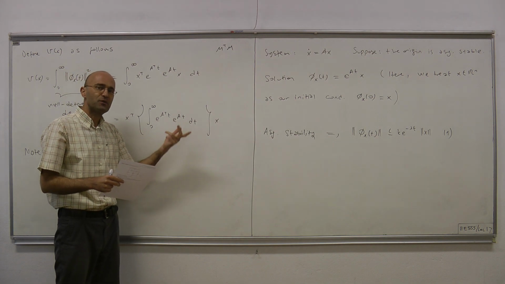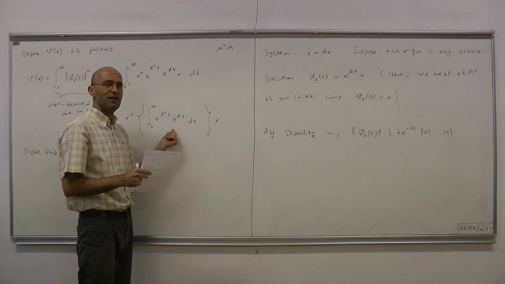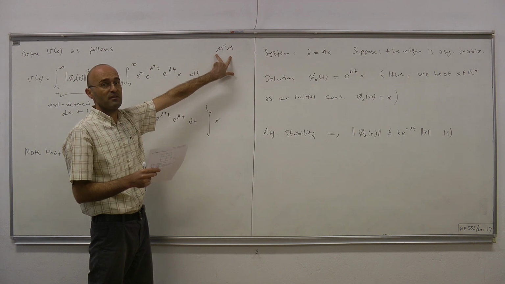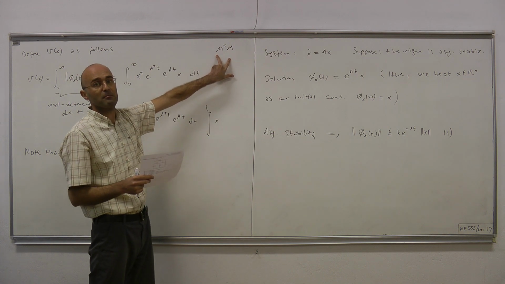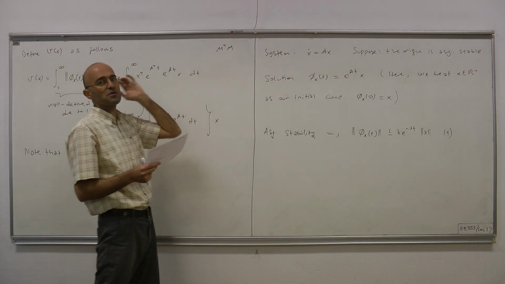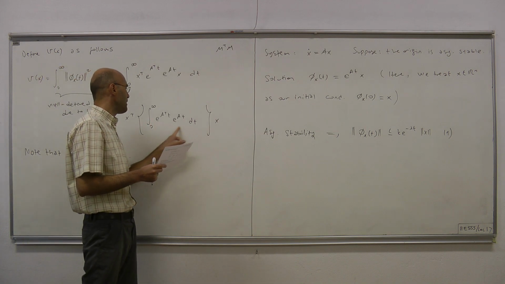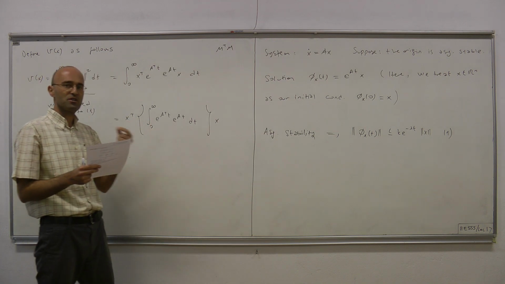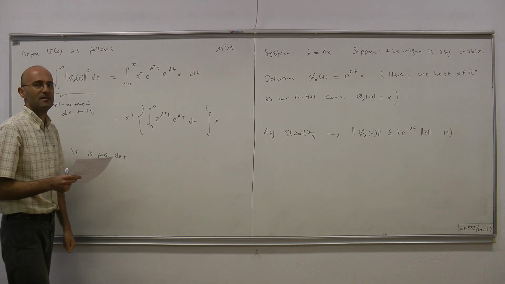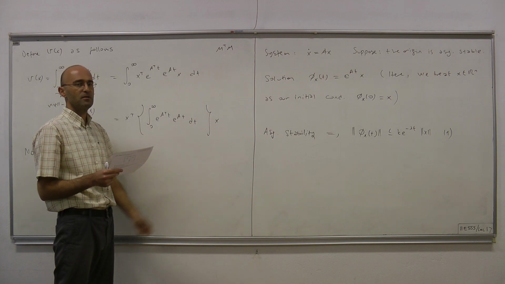And e to the at, the state transition matrix, if you remember from 542, is always a non-singular matrix. Therefore, this is always a non-singular positive semi-definite matrix, and a non-singular positive semi-definite matrix is a positive definite matrix. All the eigenvalues are strictly positive. Okay, therefore, at each time, this thing is a positive definite matrix, and then you're integrating this positive definite matrix function, and the result is also a positive definite matrix.